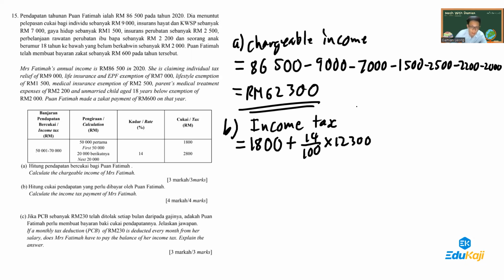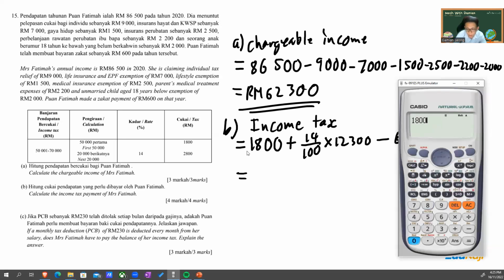But I have to minus the zakat. Yeah. Okay, so zakat works like a rebate. It deducts on the income tax itself. So 1,800 plus 14% of 12,300, then minus 600. 2,922.